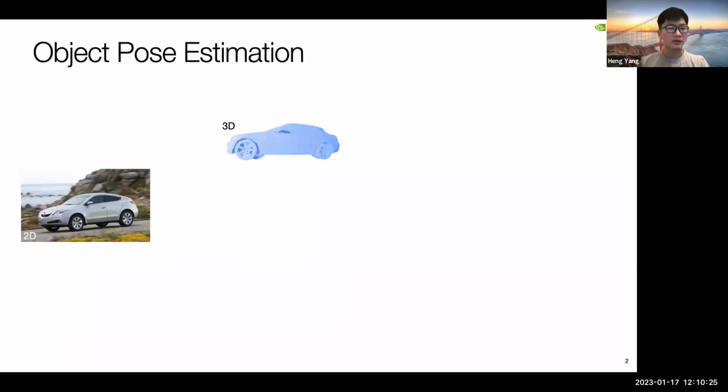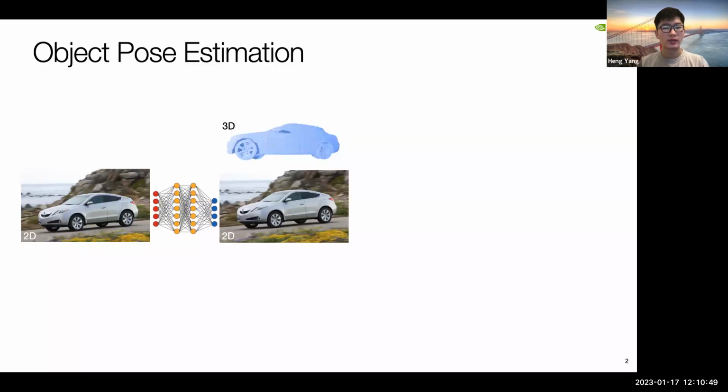The problem is object pose estimation in computer vision. In this problem, we're interested in estimating the 3D rotation and translation, for example, of a vehicle from a 2D image. A typical perception pipeline works as follows. In the first stage, the pipeline can use a neural network, usually a pre-trained one, to detect semantic keypoints on this 2D image.